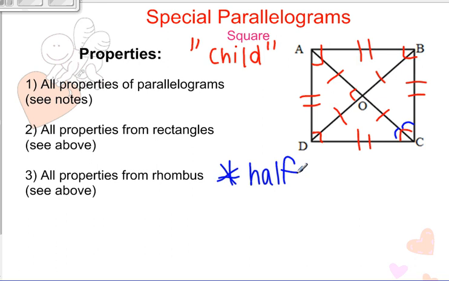So half of that angle is 45 degrees. This angle here will always be 45 degrees for the square, no matter what. And a lot of the times they like to ask you to find the value of x for that angle specifically. You're just going to set it equal to 45. You need to know that it's 45.